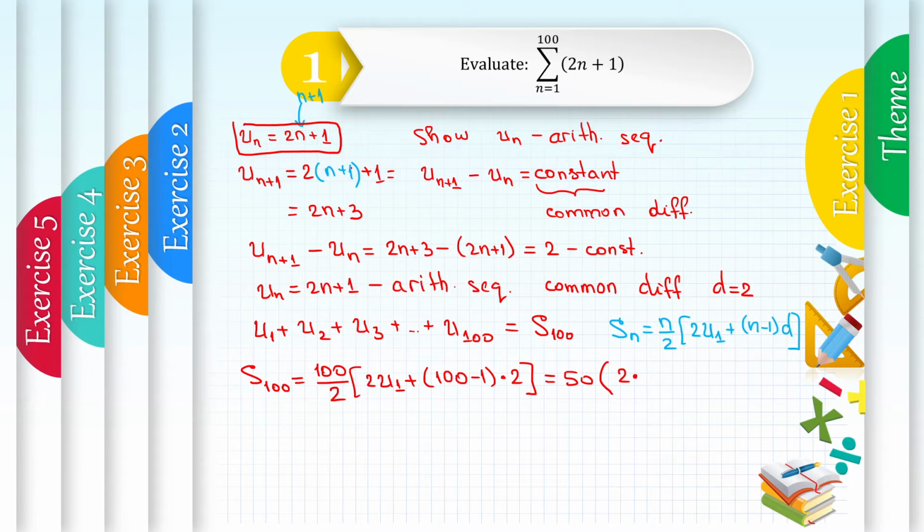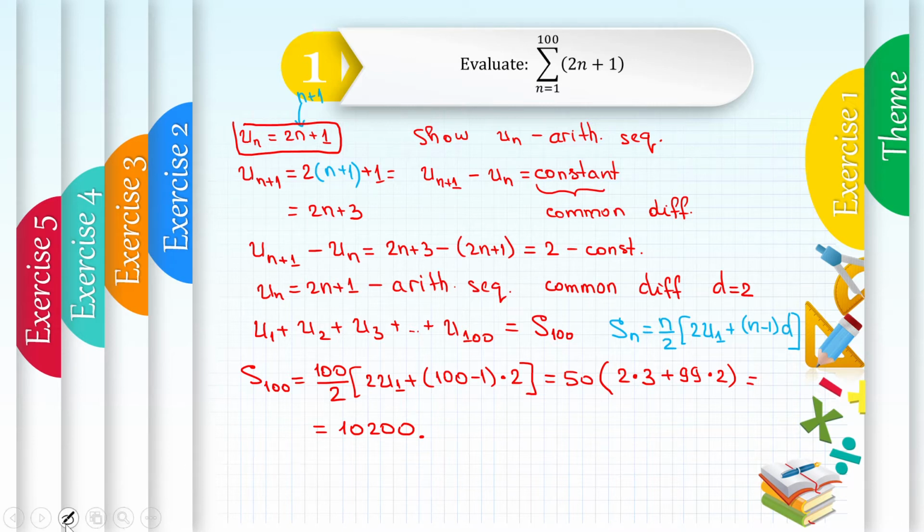So when we replace n by 1, we get 2 multiplied by 1 plus 1, which is 3. So it is 50 multiplied by (2 times 3 plus 99 multiplied by 2), which gives us the final answer, 10,200. So the answer to this question is 10,200.